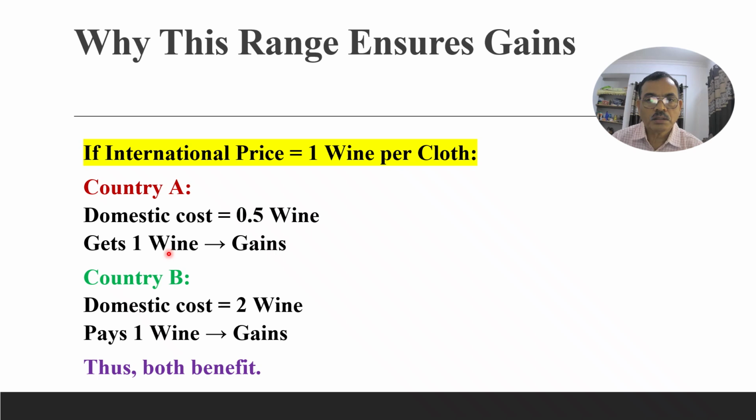Internationally, it gets 1 wine, so it receives more than the domestic opportunity cost. So country A gains from trade.